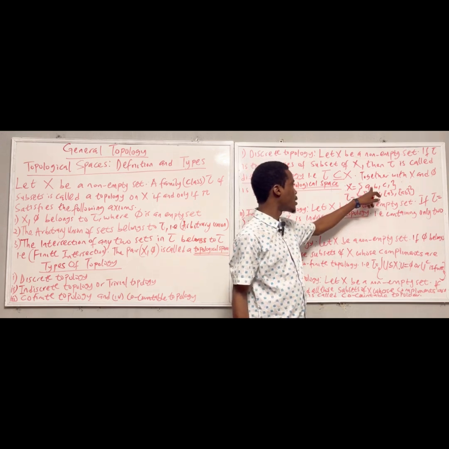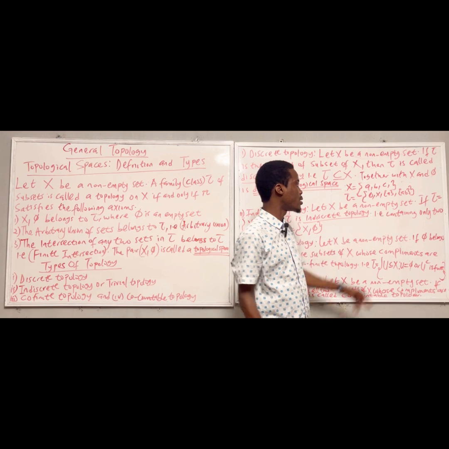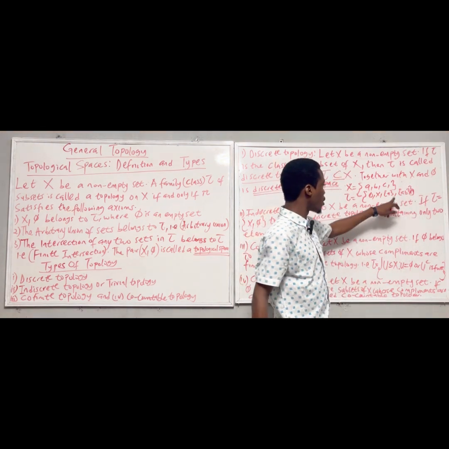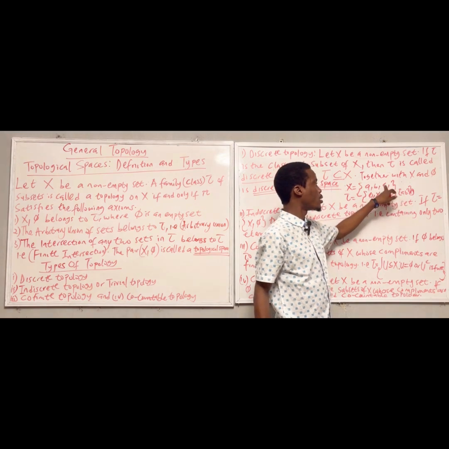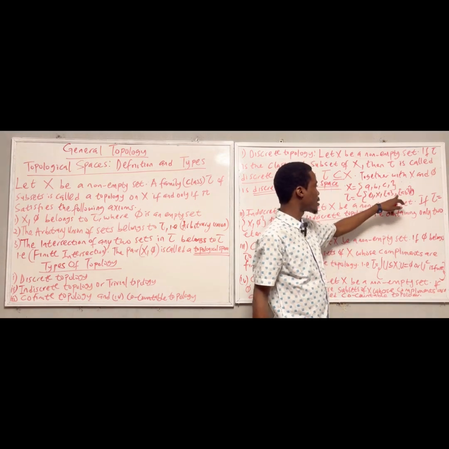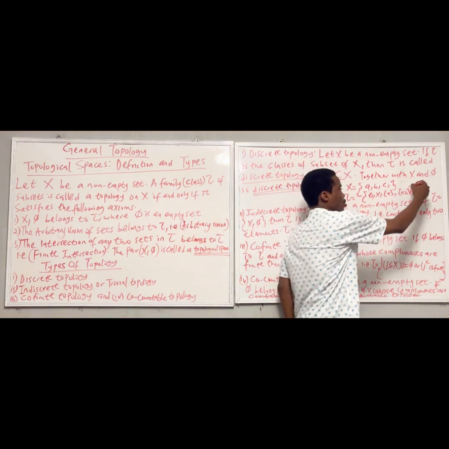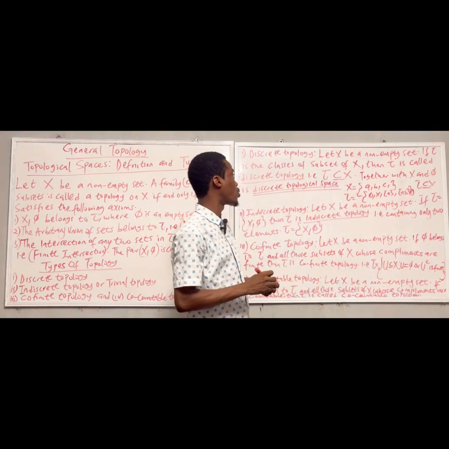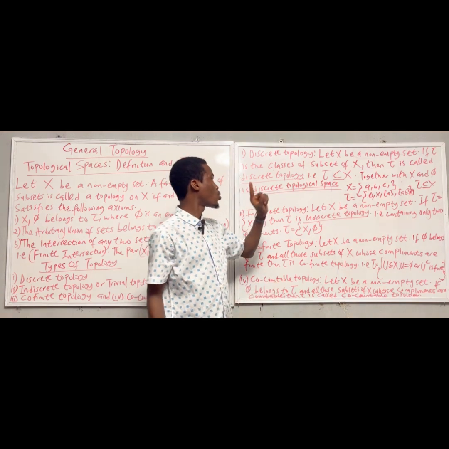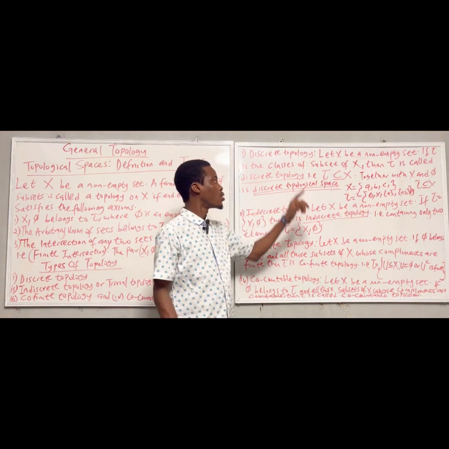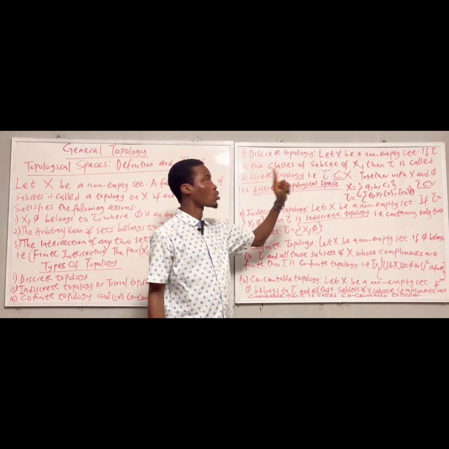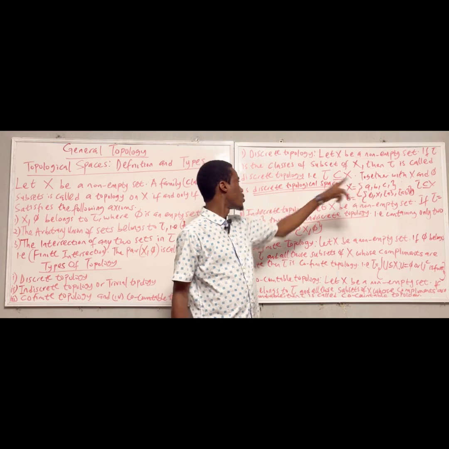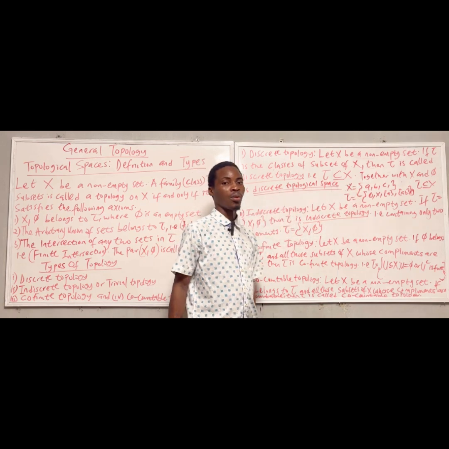Because we can find A here, we can find B here, we can find C. So if you have something like this, we call it a discrete topology. That is, if Top is the class of all subsets of X, then Top is called a discrete topology.